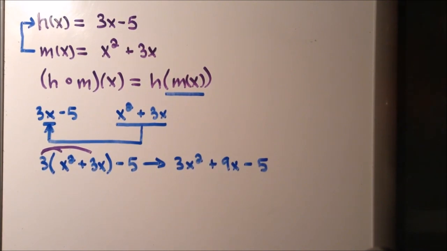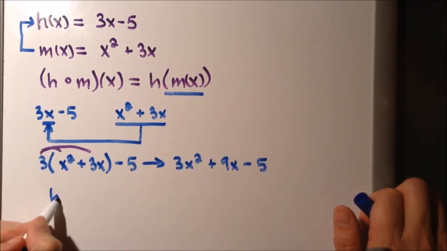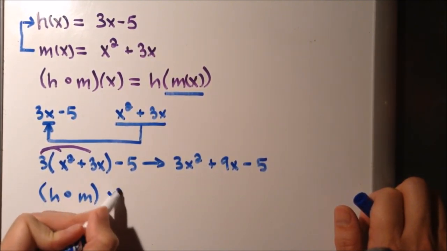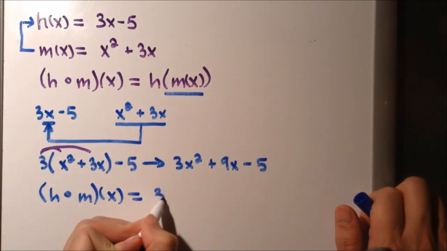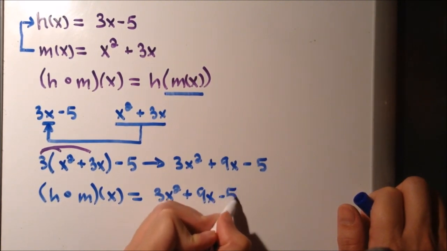There are no like terms, so we can't combine anything. This is pretty much it. I don't have to rearrange because the exponents are in order from highest to least. Now the notation, which doesn't have to be exactly how I write it, is 3x squared plus 9x minus 5.